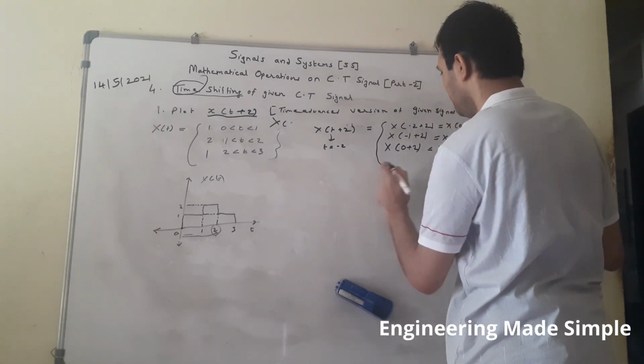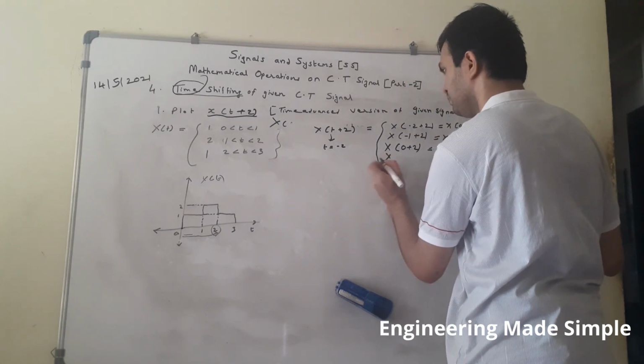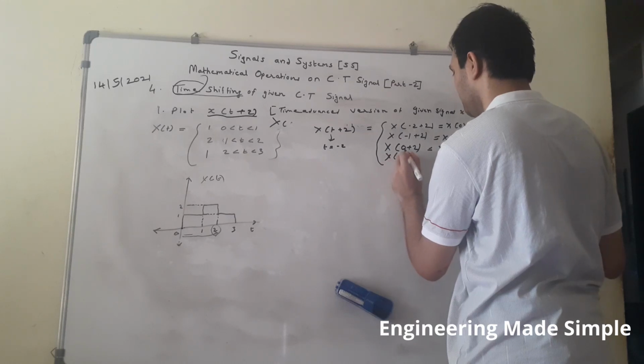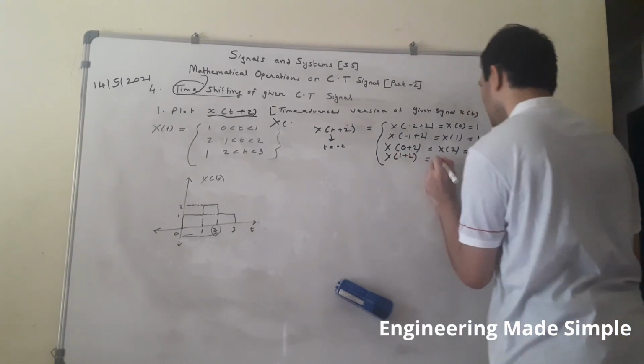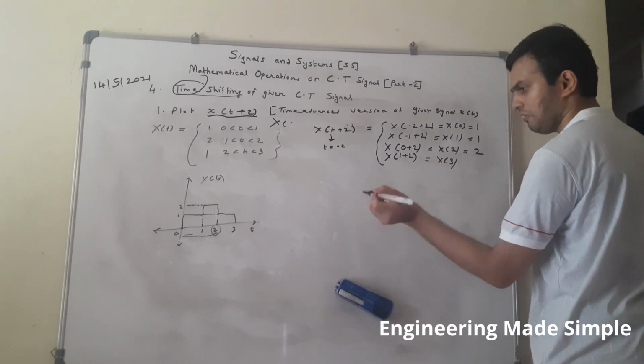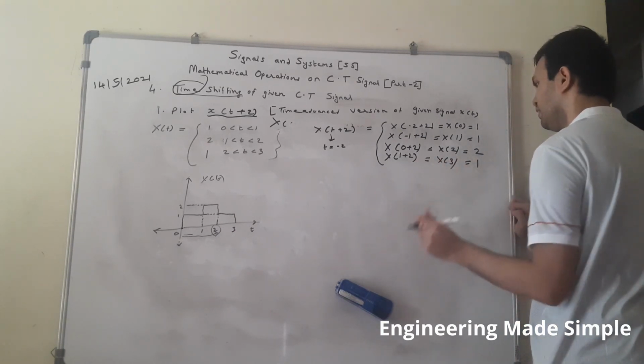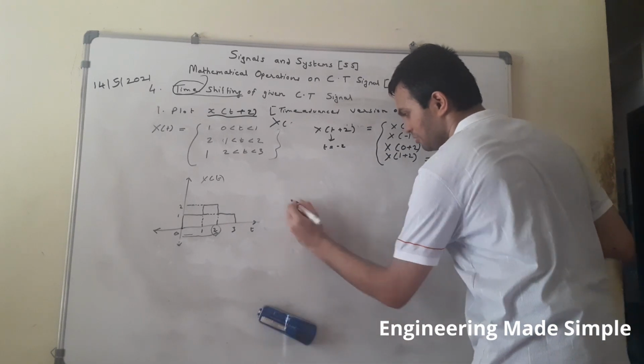And then again we will put the next value, which is t equal to 1, because after 0, 1 will come. So x of 1 plus 2 is nothing but x of 3. What is the value of x of 3 in the original signal? It is 1. So now let us plot the time advanced version.